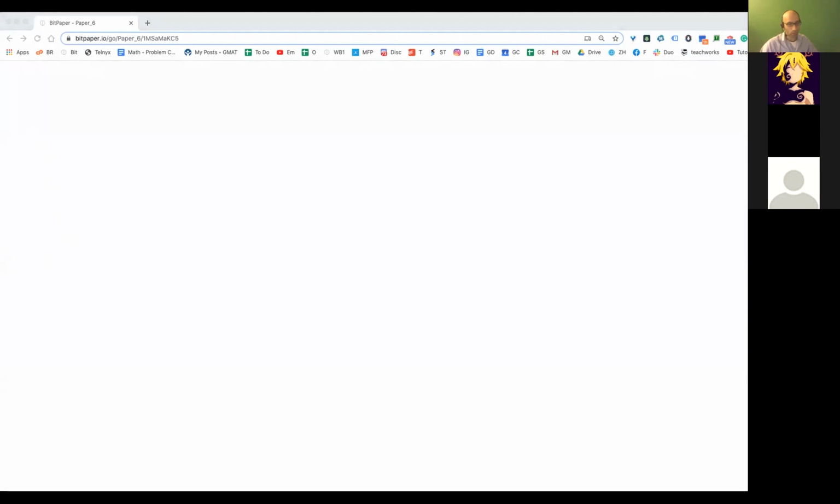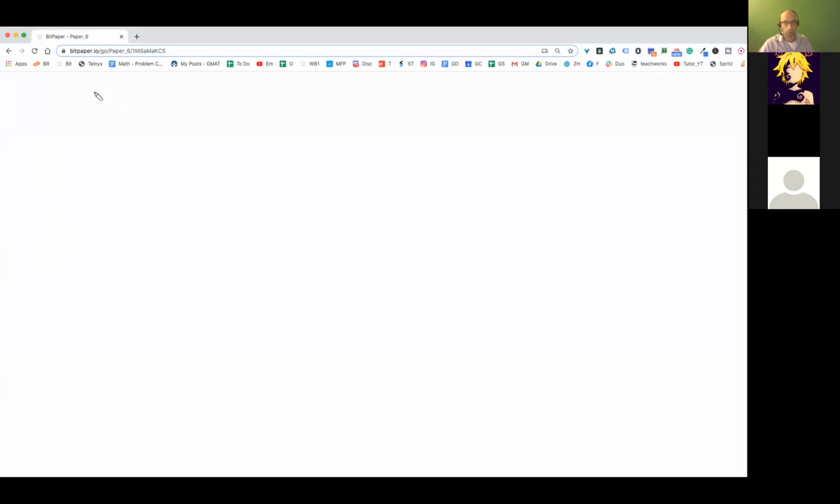Now this one is a bit complicated, but let's see how we work on it. So 1 over 1 over x minus 1 plus 1 over x plus 1. This looks complicated.